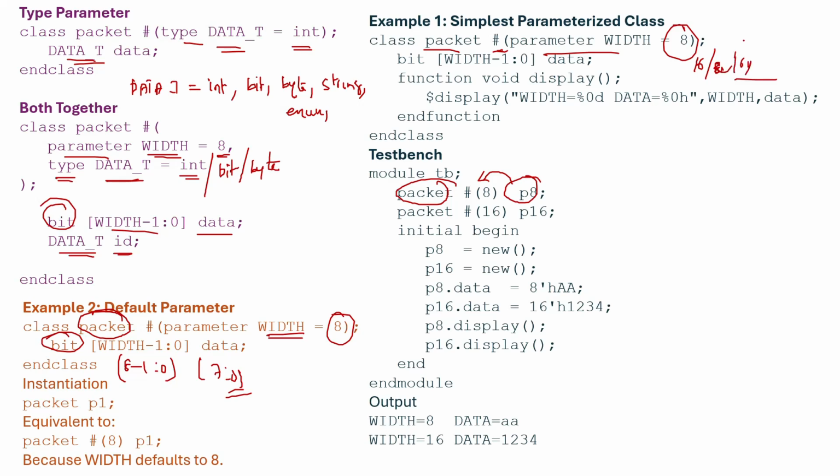In this way we can change it, and I have applied bit here because I have considered bit as the data type, and data is my member. The method I am utilizing displays the bit as well as whatever data I am considering. The remaining things are all the same: how you create the module, the class name, and then the handle.